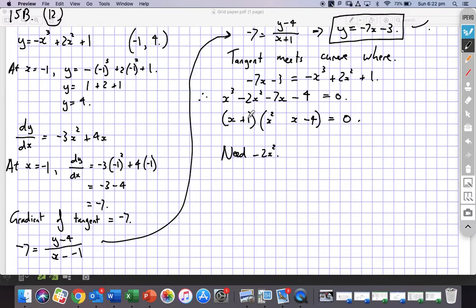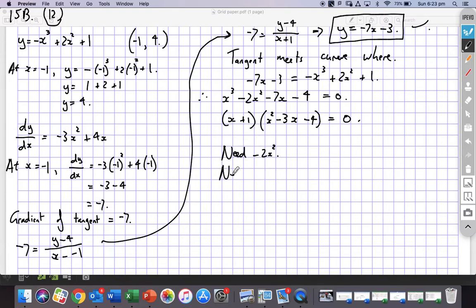If I did 1 times x squared, that's 1x squared, but I don't want 1x squared. I need to get this down. So if I had a minus 3 here, that would work. I'd have x times minus 3x, that's minus 3x squared, plus 1x squared. Right, so this looks like it's going to work.